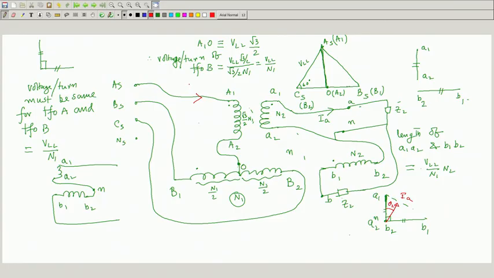So, it must draw an additional current I A dash, whose value will be I A divided by the turns ratio. What is the turns ratio of transformer A? Root 3 by 2 N 1 by N 2. So, I A by the turns ratio of the transformer. So, that is how it will be reflected.